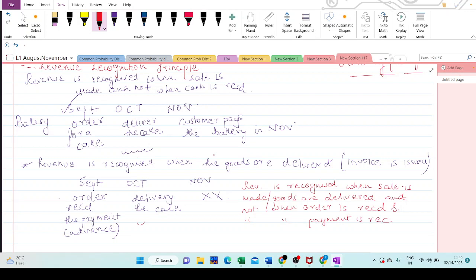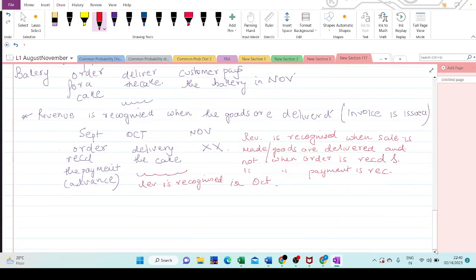So in this case too, revenue would be recognized in October, when the cake is actually delivered. Okay, guys, are we good?